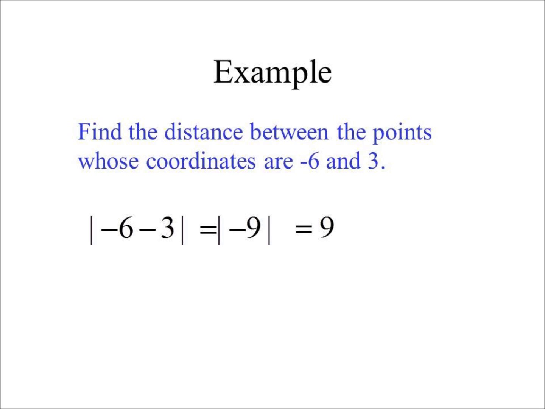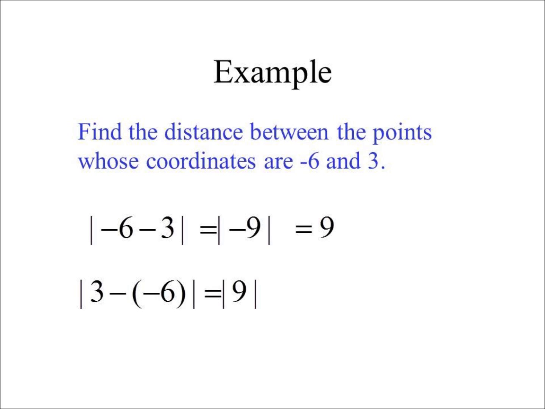So what do we do next? Well, let's suppose we did it the other way around. Suppose we went 3 minus negative 6. Do I get a different answer? I have 3 minus negative 6, and of course, minus negative 6 is plus 6. Add them together, 9.